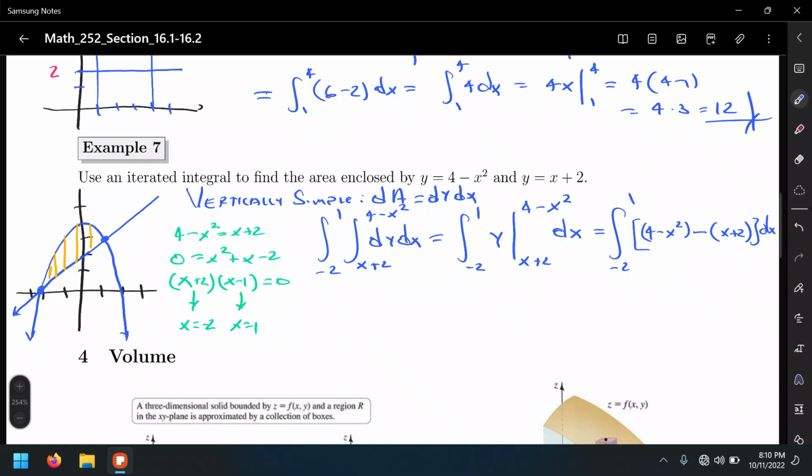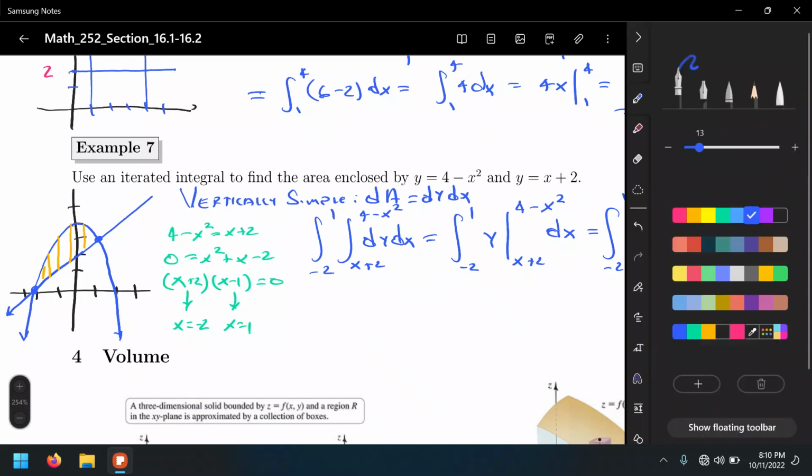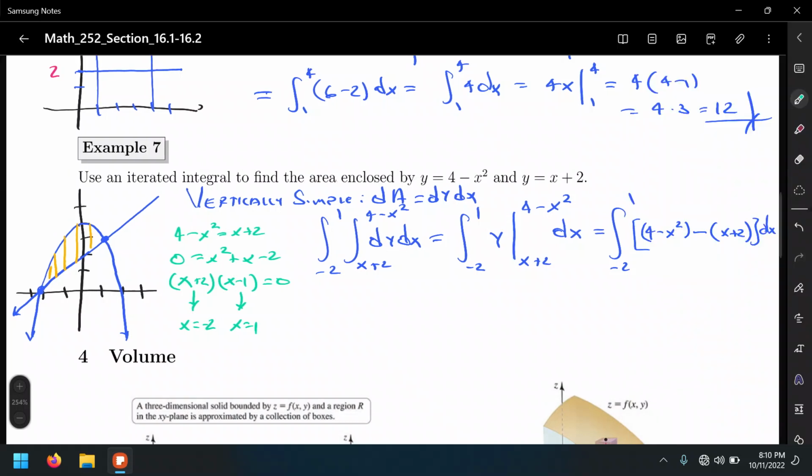Alright, hold on. So again, doesn't that look like those Calc 1 integrals that we did to find areas between curves? This is the upper minus lower.